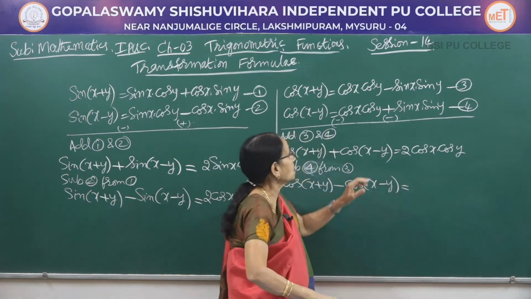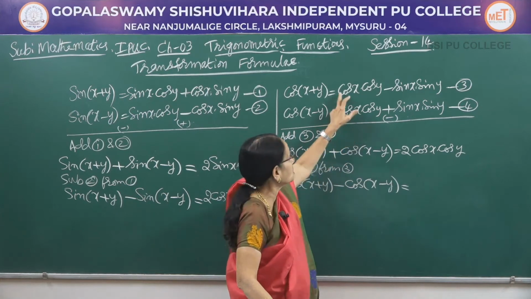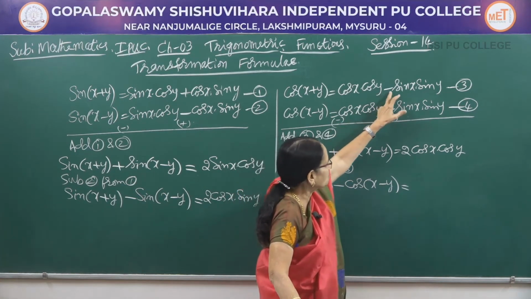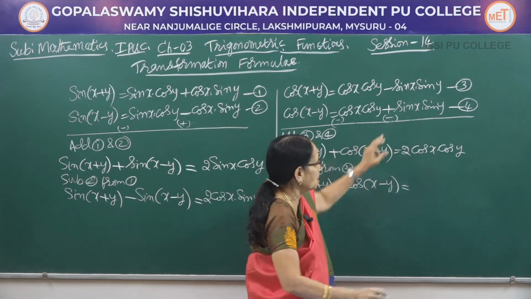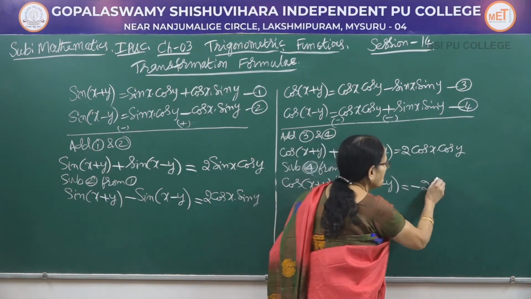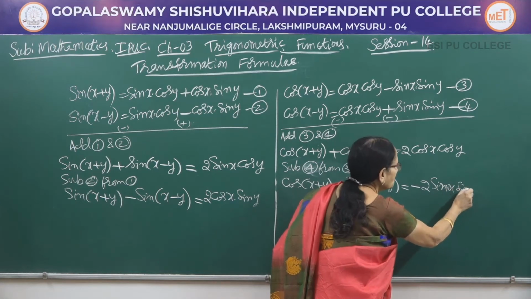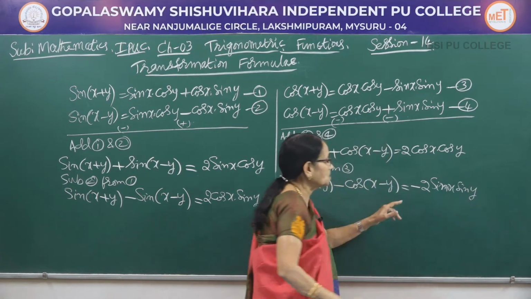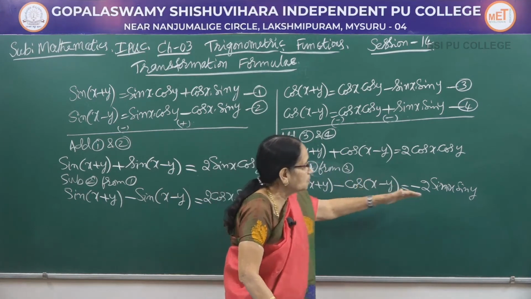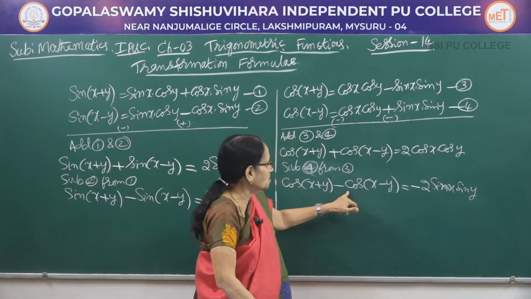Now look at the right hand side, because it has become negative, these two get cancelled. This is already negative and this has become negative, so we have to add them, that is 2 times sin x into sin y. Now this is another formula which converts the product into the difference of the function.